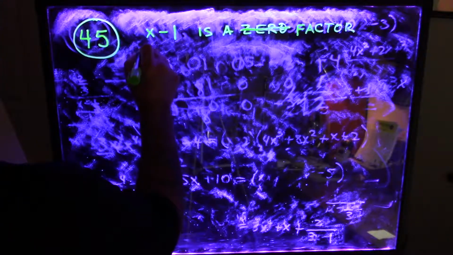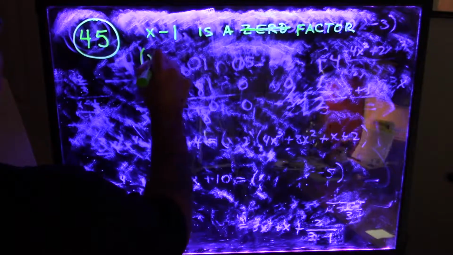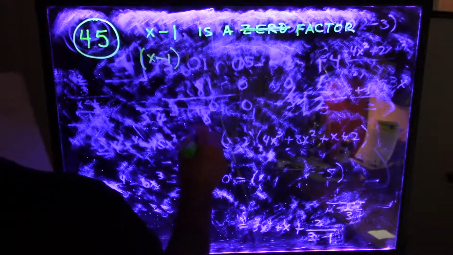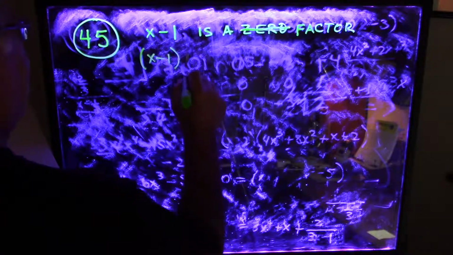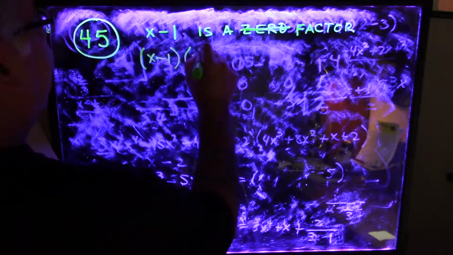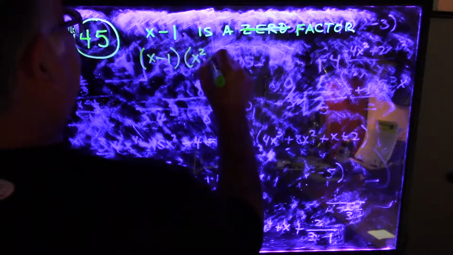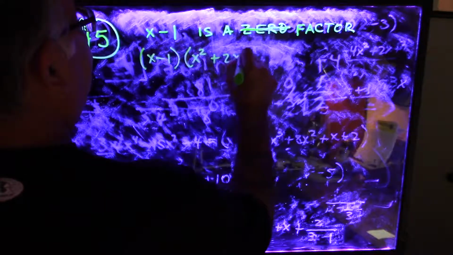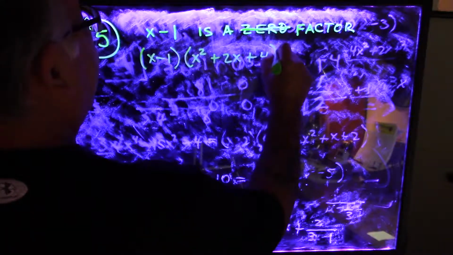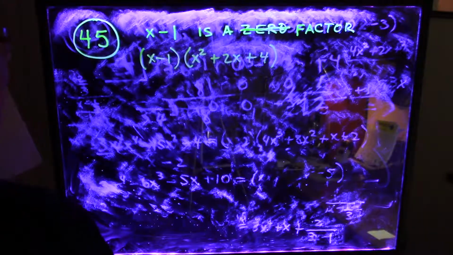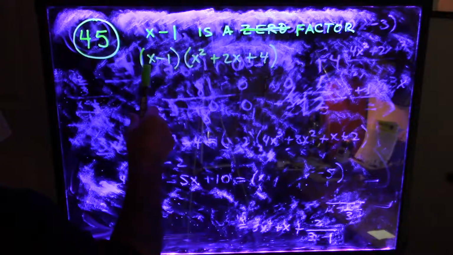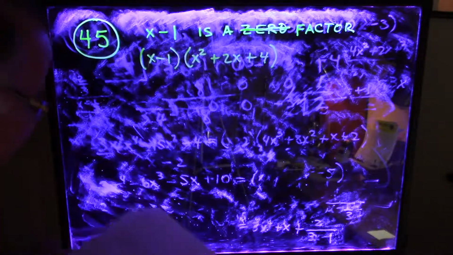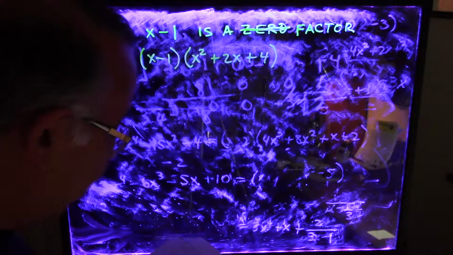So what we have is x minus 1, and then they already gave us the other factor. That's x squared plus 2x plus 4. So there's our factorization, and the leading coefficient when you multiply this out is indeed 1, as they were telling us.